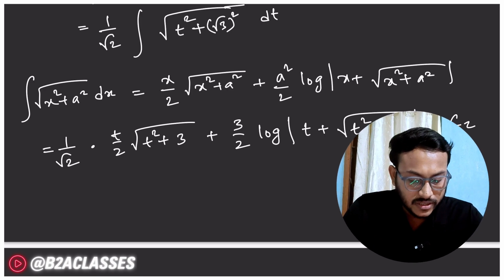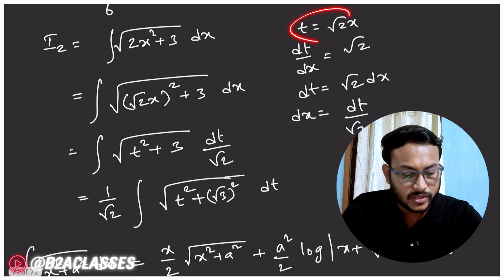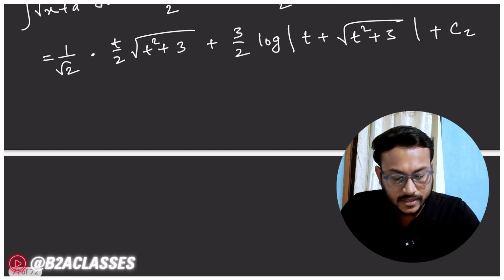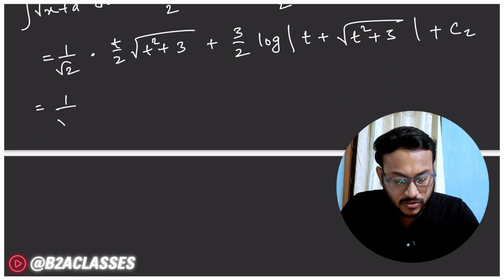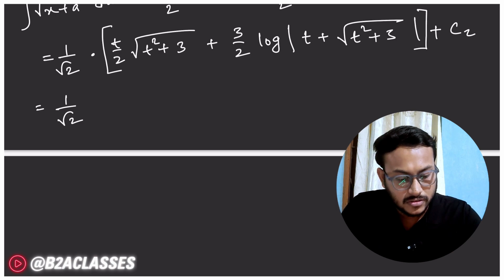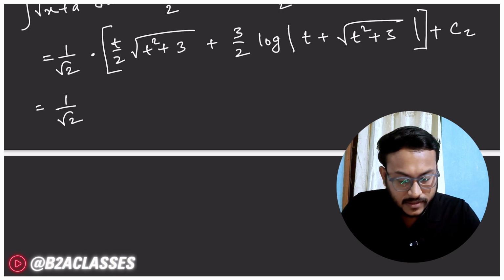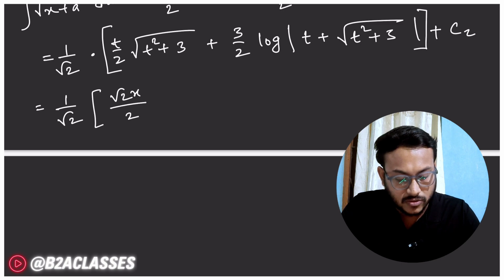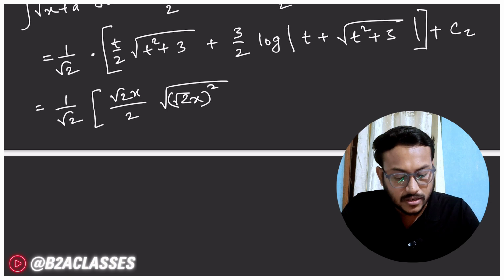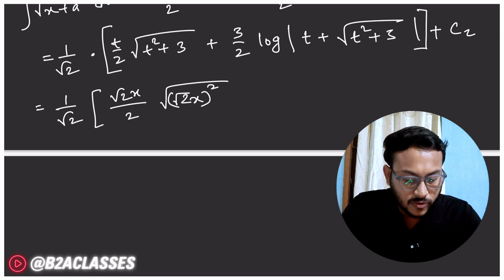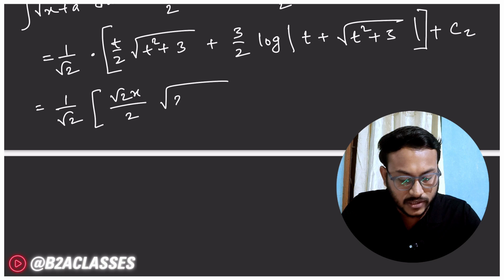Now we have to substitute t. t was basically root 2x. After substituting I will get 1 by root 2 multiplied with this whole term. So t is root 2x divided by 2, times root over root 2x whole square, which is 2x square, so I will write directly 2x square plus 3.